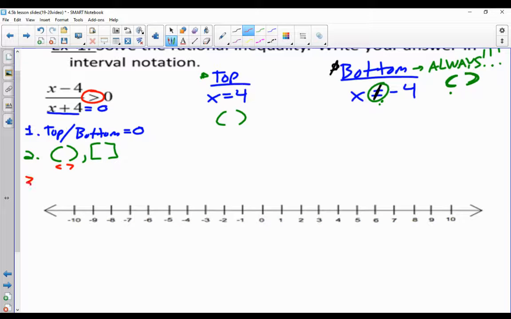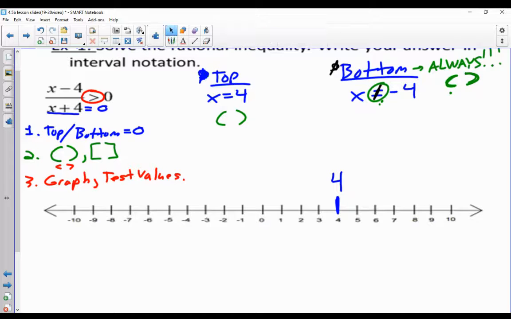The third step is we're going to go to the real number line, graph the information we have, and then we're going to find some test values to plug and chug. I'll show you what I'm talking about in a moment. First thing we want to do, let's take our top number of 4 and place it on the real number line. So the top value, we got that x is equal to 4, and it's going to have open parentheses.